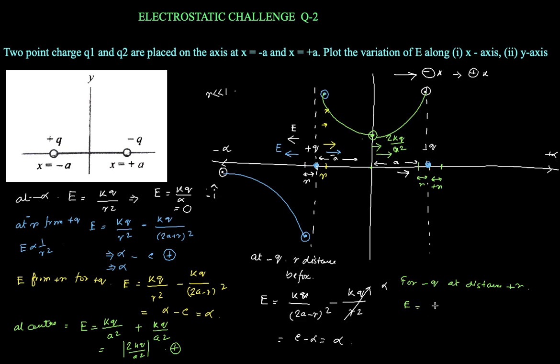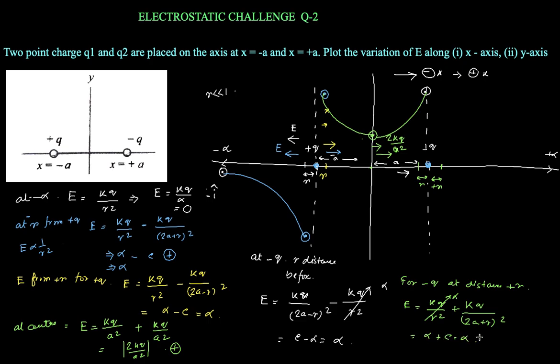For this, E is equal to kq by r square, and for this charge it is plus kq by 2a plus r whole square. So this part is nothing but infinite. So infinite plus something is equal to infinite.